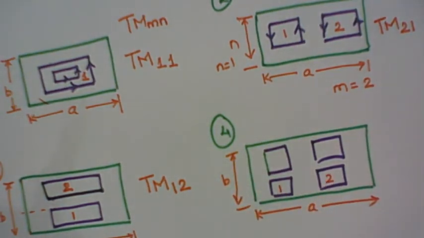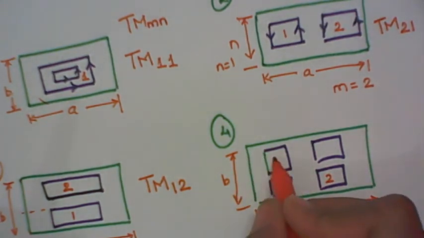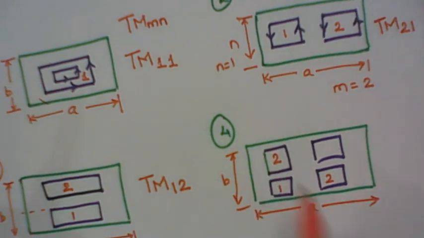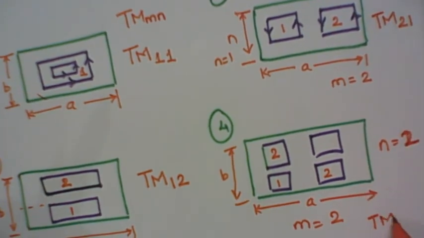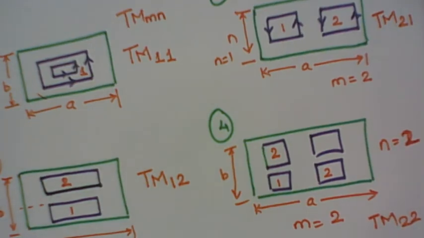And towards the narrower dimension, how many loops do I have? 1 and 2. So m equal to 2, n equal to 2. So I represent this as the TM22 mode.